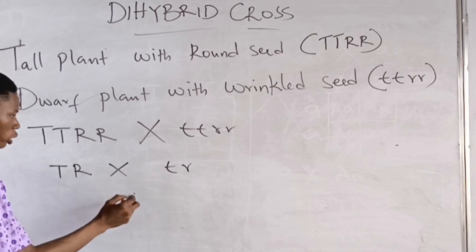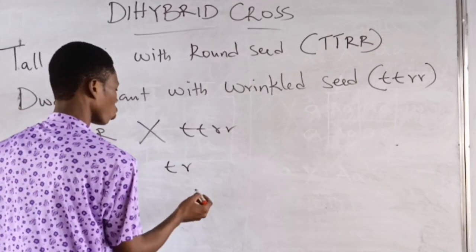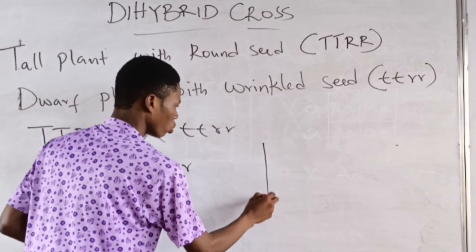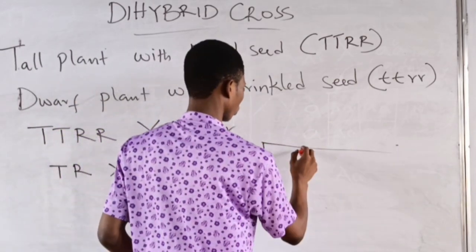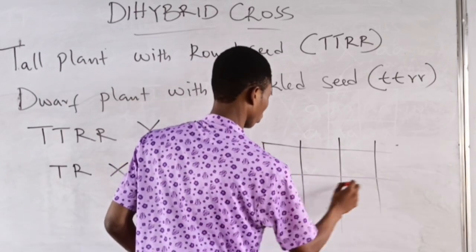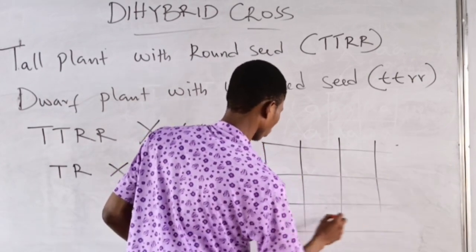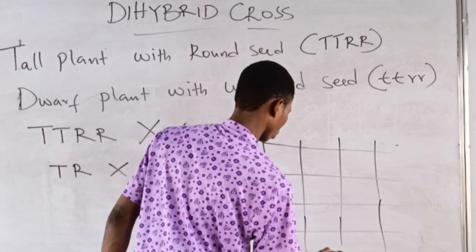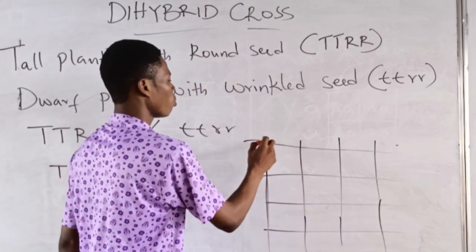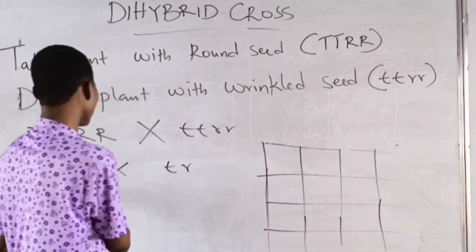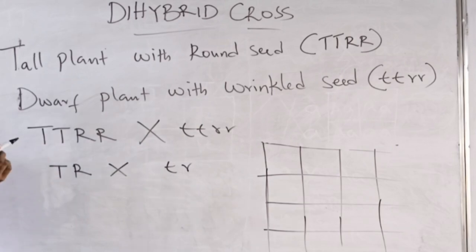You can use your Punnett square method to cross, or use your normal crosses to do that. So using the Punnett square method, this is how it will look. If you are looking at how these things can combine, just look up.